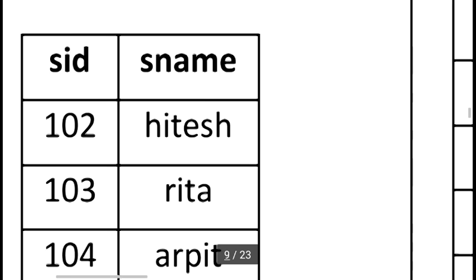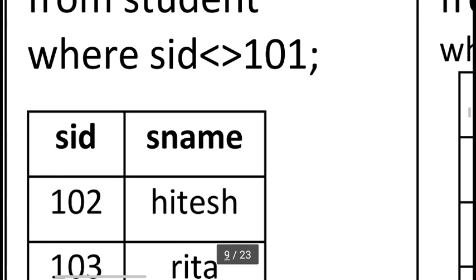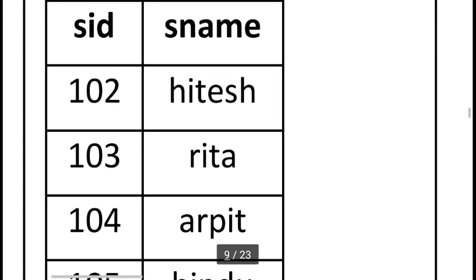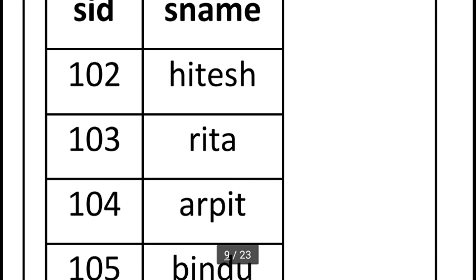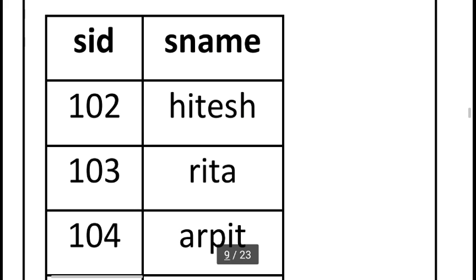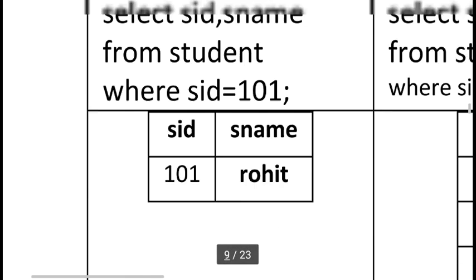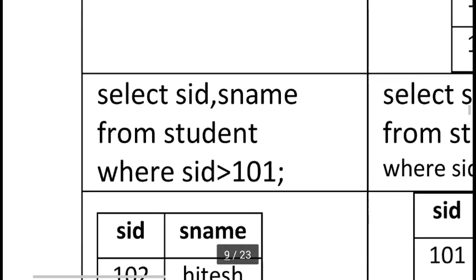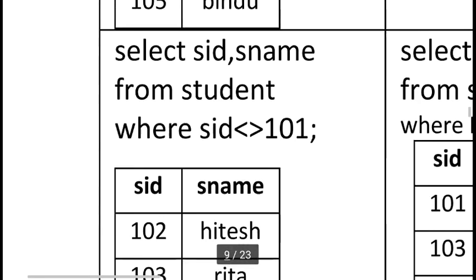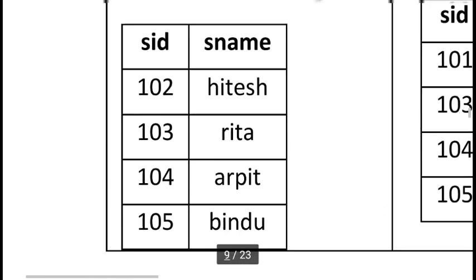So exclude the 101 row, and only 102 Hitesh, 103 Rita, 104 Arpit, 105 Bindu will come. So you can see here I am using the greater than and not equal to relational operators.